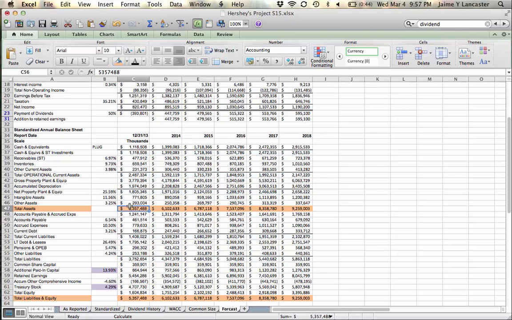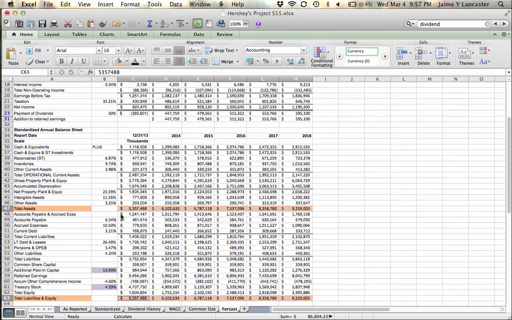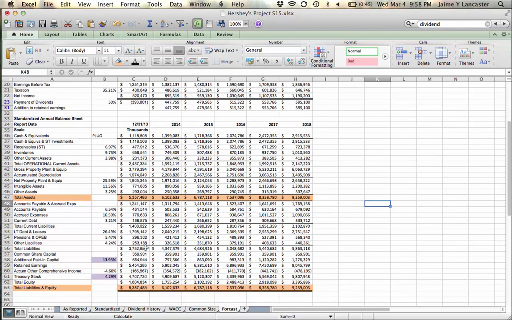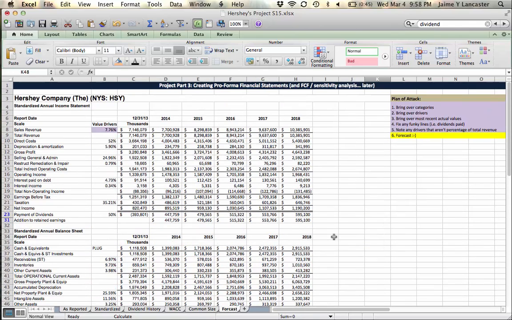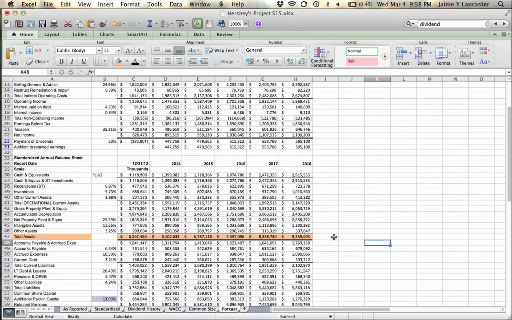And then here at total assets and total liabilities and equity, I'm going to do the top and double bottom. Then it just looks a little bit more clear. It becomes more obvious what's going on. Instead of looking like a long list of numbers, it can draw your eye to important totals and subtotals. All right, that looks good. I'm going to call that good.